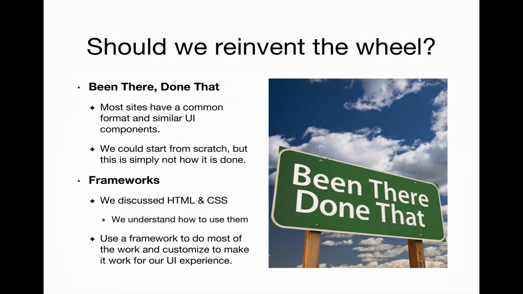So we've talked about HTML and CSS in other documents, as well as the workshop that covers this material. And so we can understand the basics of how to use them. They're relatively straightforward, and it's something that you can explore and figure out quite quickly. But what we really want to do is use a framework to do most of the heavy lifting.